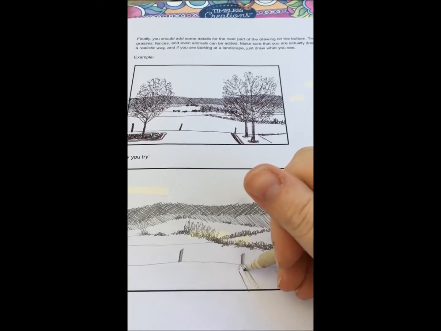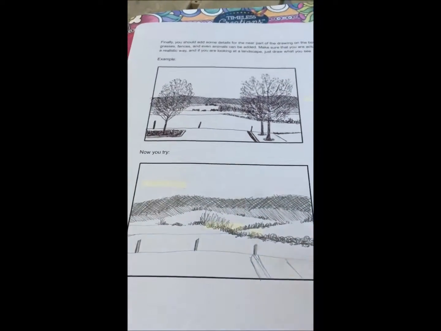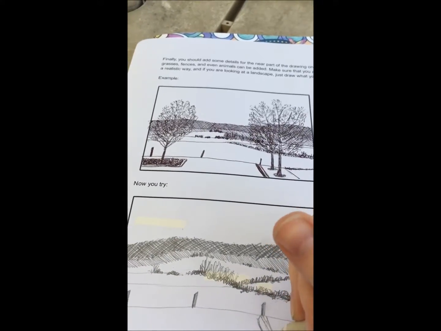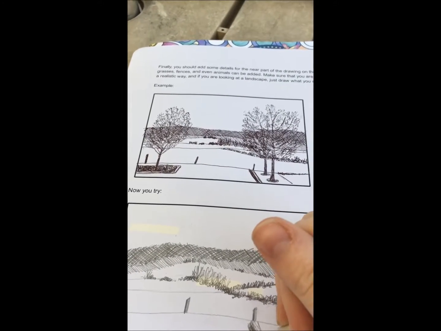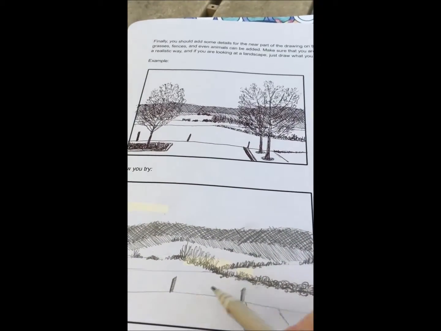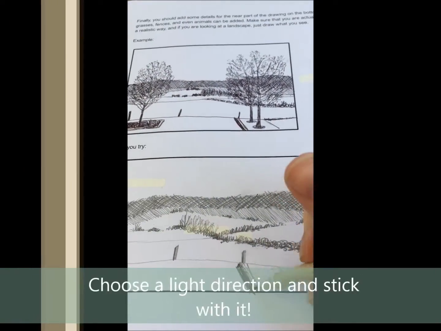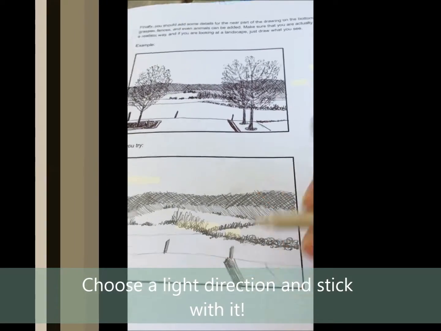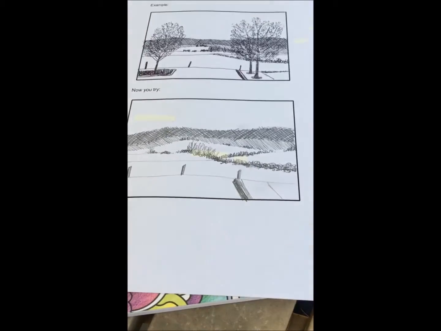Here we go. Better. And I'm going to add a shadow over here because I did the same already on these fence posts on the edges. And then just a little bit of shading there because that is like a painted curb in my picture.